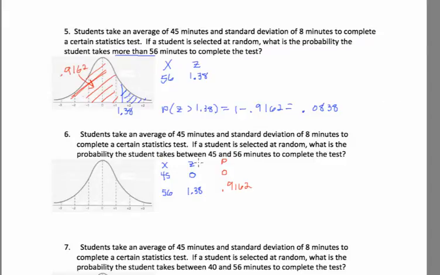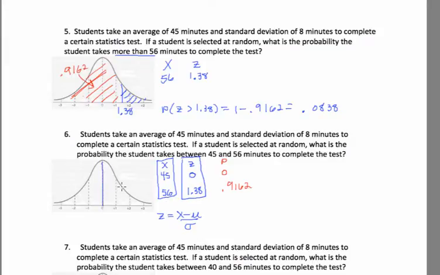Number 6, between 45 and 56 minutes. So my first step, I have to change the data values into z-scores. You can do this again using the formula. But we've already done both of these. We've already figured out that the z-score that goes with 45 is 0, and the z-score that goes with 56 is 1.38.